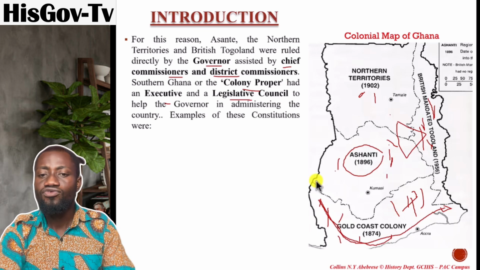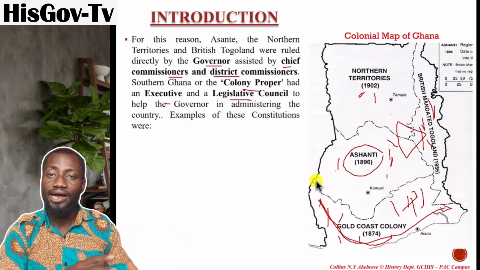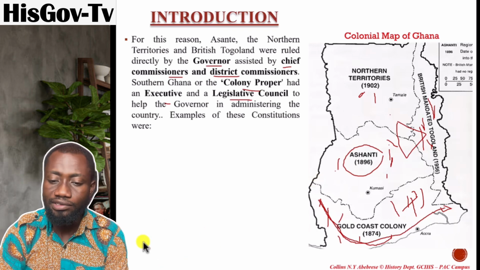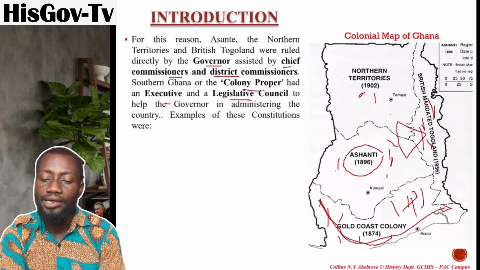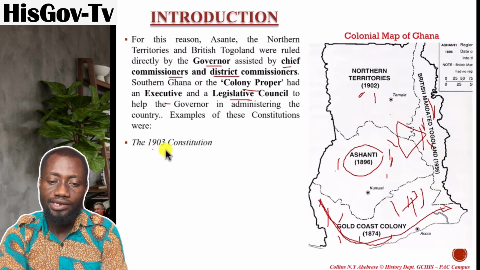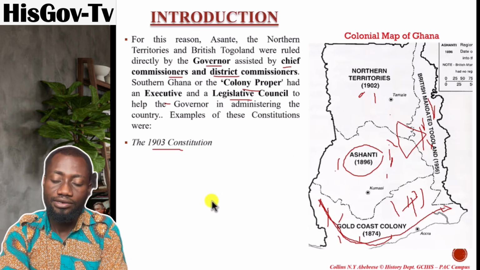Now, between 1900 and 1957, during the colonial period, several constitutions were drafted. The first of its kind was the 1903 Constitution, which we shall look at today.